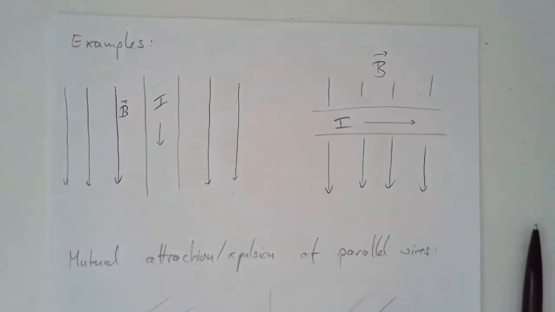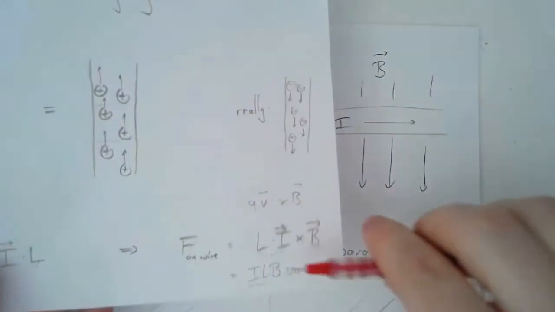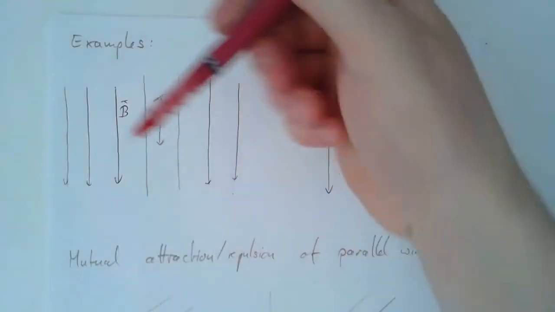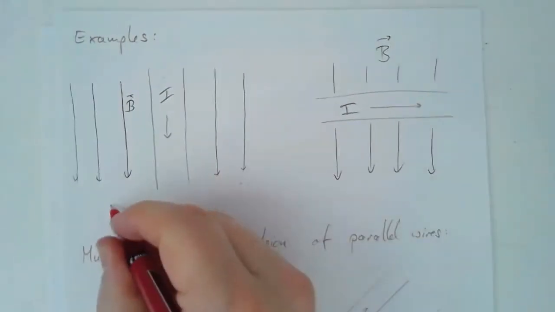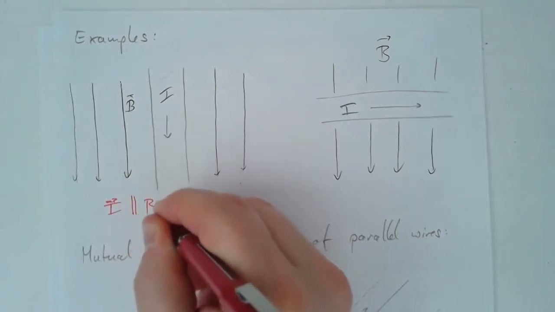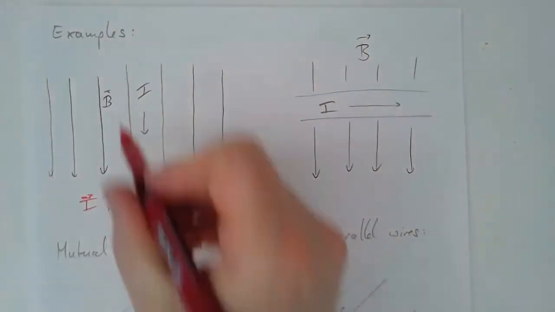Well, what does the force law for a wire say? The one we just had on the previous page down here in the corner. I cross B. I is down. B is down. Well, they're in the same direction. I is parallel to B in this example.